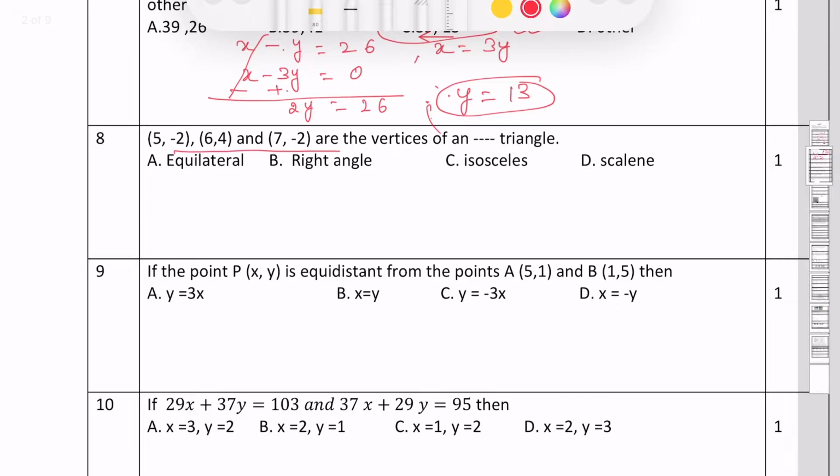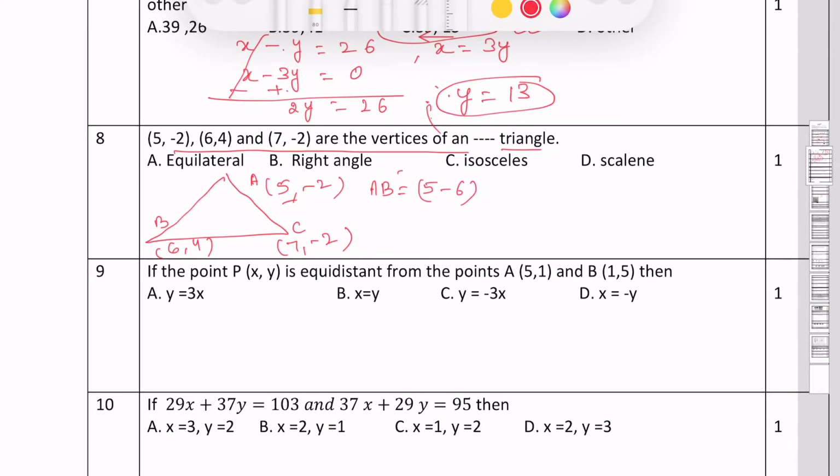Next, these are the vertices of which triangle? So we suppose ABC is a triangle, and the points are 5, minus 2, 6, 4 and 7, minus 2. We have done the distance formula. So what is the distance formula? We subtract the abscissas and we subtract the ordinates also. So if I find out AB, it is x2 minus x1. So I can write here 5 minus 6 whole square plus minus 2 minus 4 whole square. That is 1 square plus 6 square.